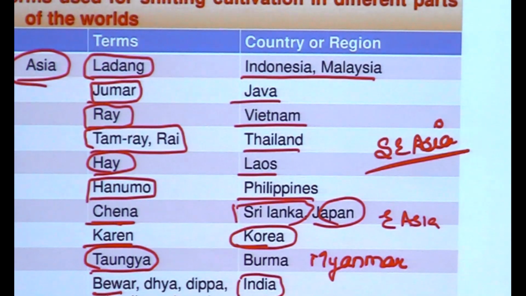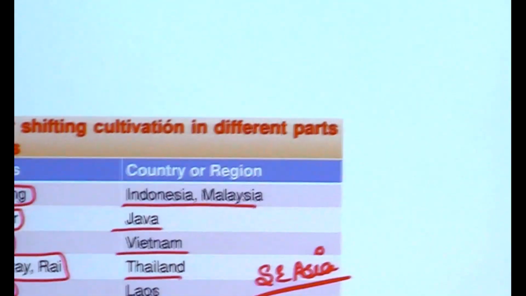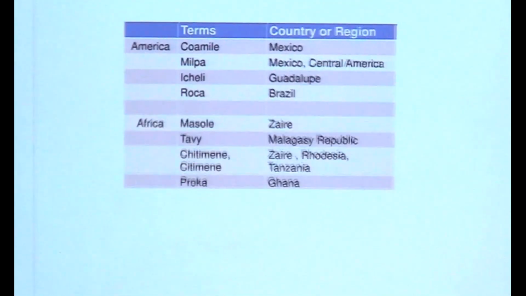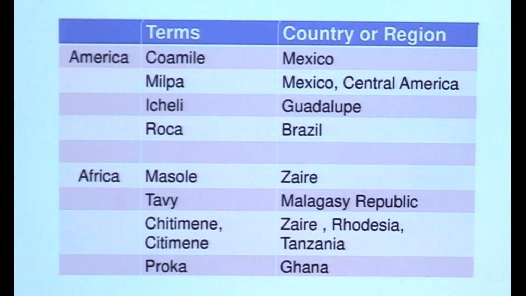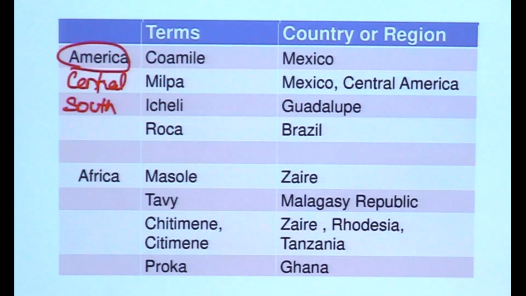And if I continue with the terms that are being applied to it, we are essentially in Central and South America. And in this we have got different names. The popular ones are milpa in Mexico.